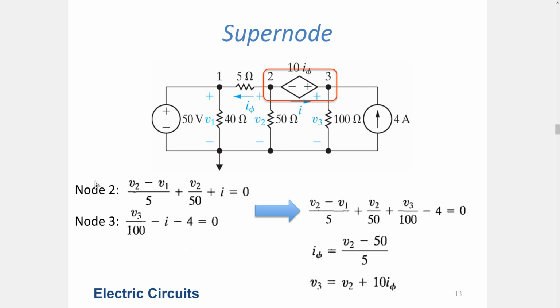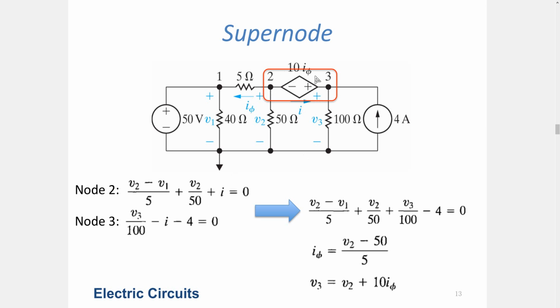If you combine the equations from node 2 and node 3 by adding them, basically you see that this I is eliminated. So by the concept of supernode, we simply get rid of one unknown. Like when we have this voltage source here, we don't know its current. It will be solved as the last element in our equation system.